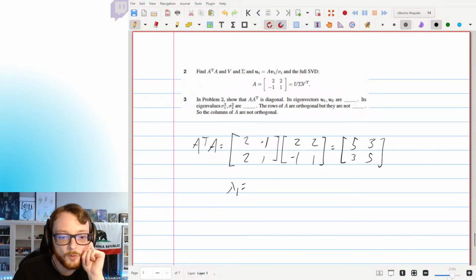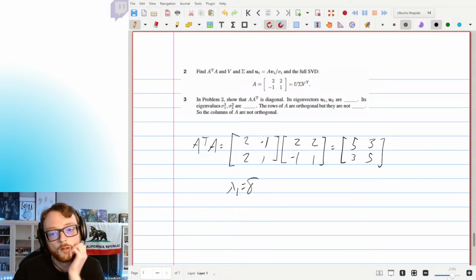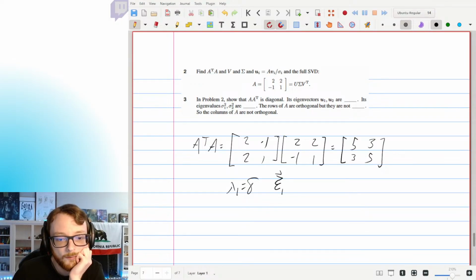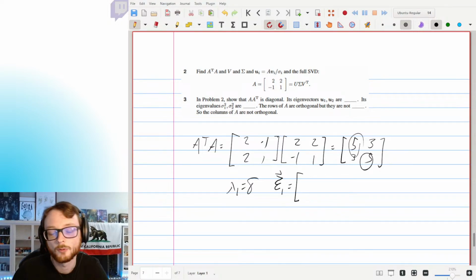So if lambda 1 is 8, then our first eigenvector is -3, -3, 1, 1. Unit vector, so 1 over root 2.